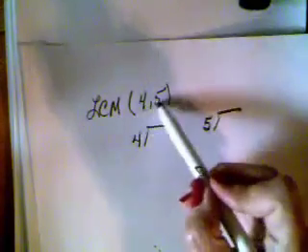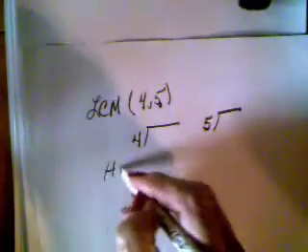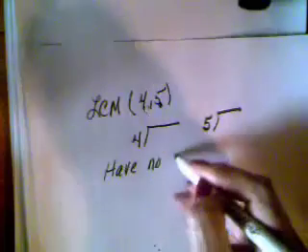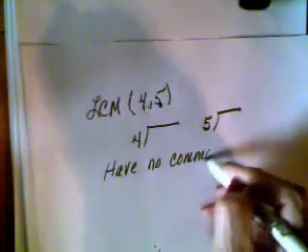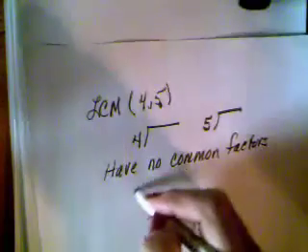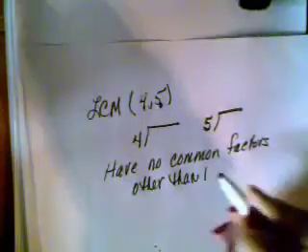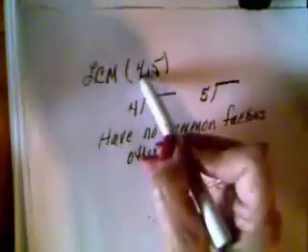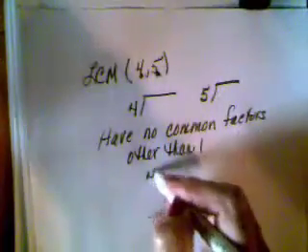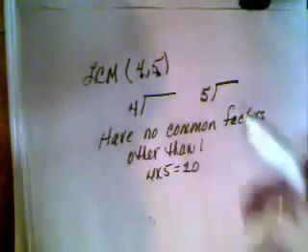Now, if these two numbers have no common factors other than 1, we can multiply them together to get the least common multiple.